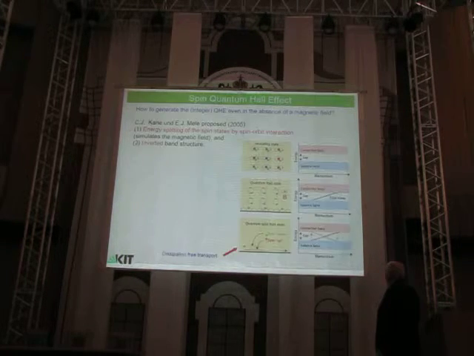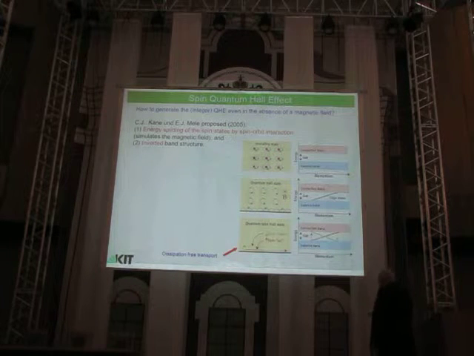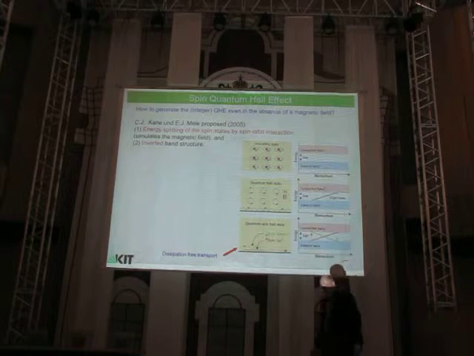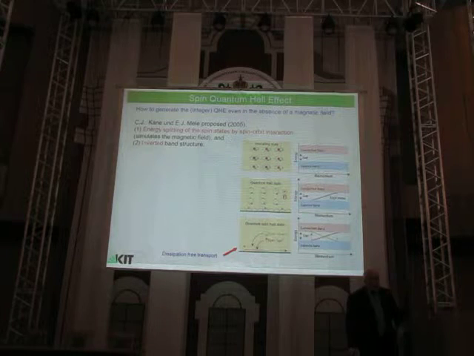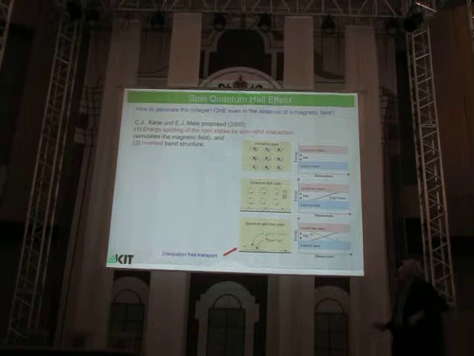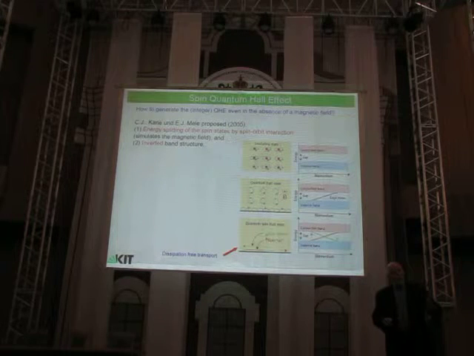Okay? So let me now come to the last part, which is topological properties of quantum matter and topological insulators. This all started with a paper in 2005 when Kane and Mele asked themselves, can we get an integral quantum Hall effect without a magnetic field?